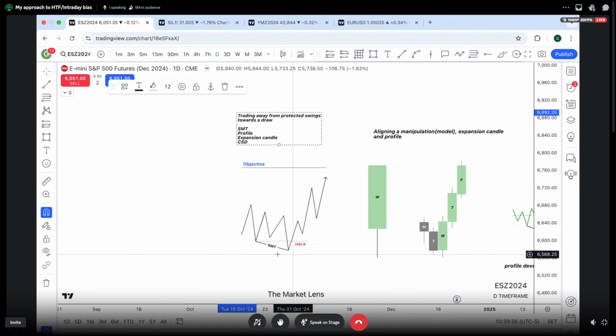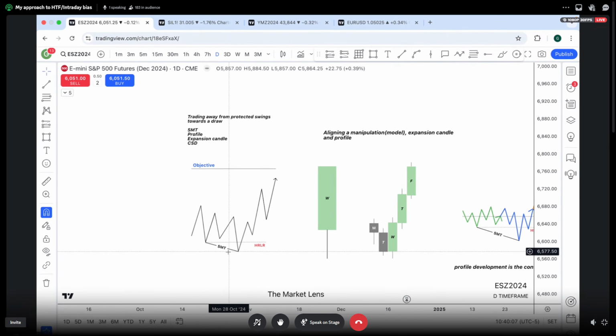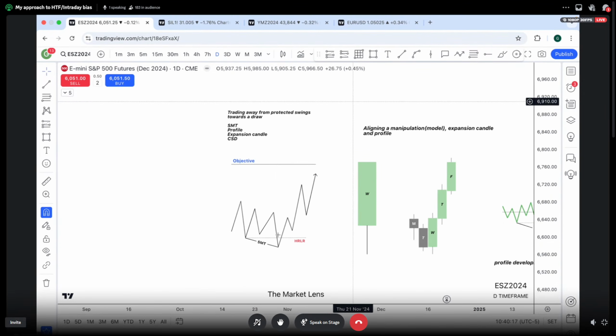I want to trade away from a protected high or low, which requires manipulation to get expansion into that draw. Like I said, the phases of price, which we want to trade as expansion. That's the only phase that we ever want to trade, and that requires manipulation for us to anticipate expansion, right?